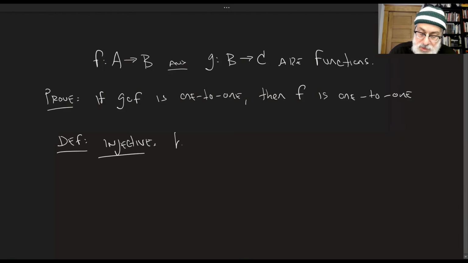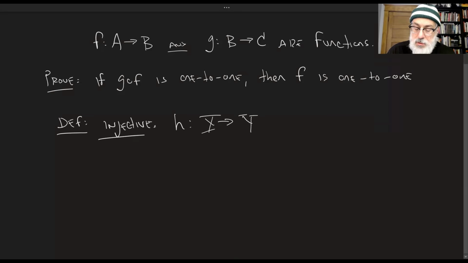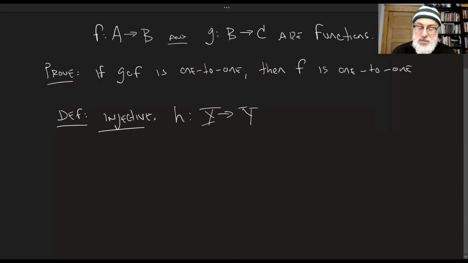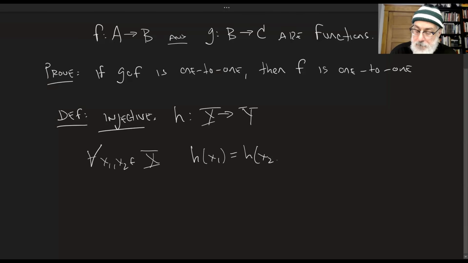So let's suppose I have a function h, and h goes from X to Y. So the definition means that for all x1, x2 in X, if h of x1 is equal to h of x2, then x1 is equal to x2.